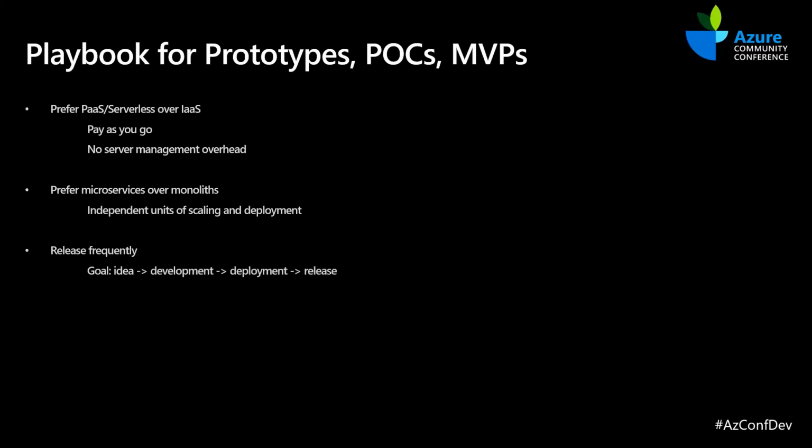The goal is to go from 0 to 100 as far as the idea, development, deployment, and release are concerned, so the goal is to have a very quick cadence around that process. It's okay if the UI is not 100% aesthetic or polished.